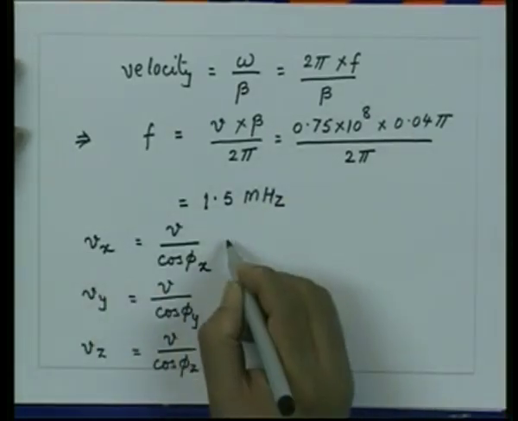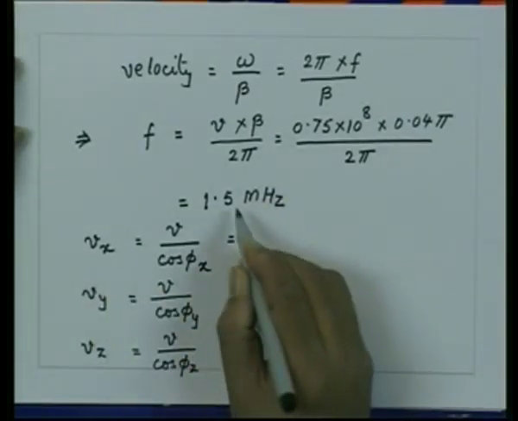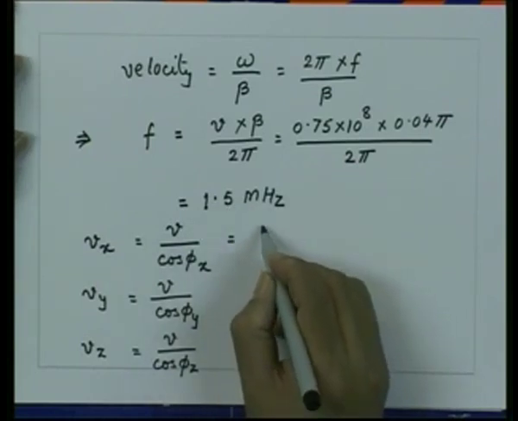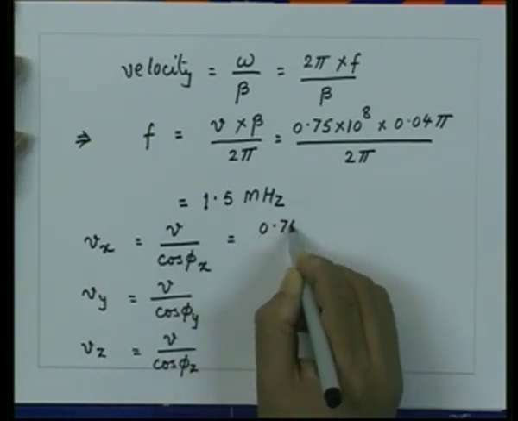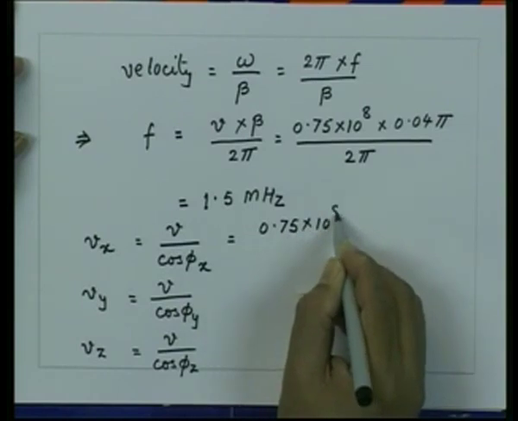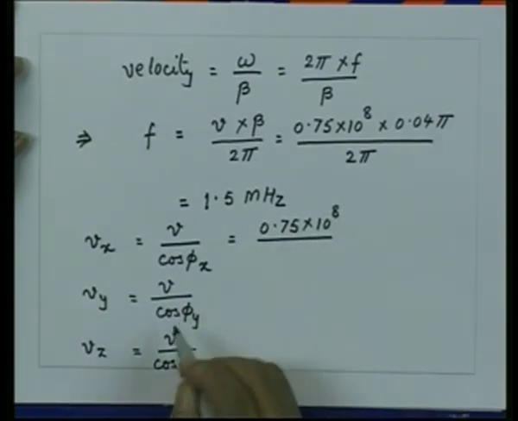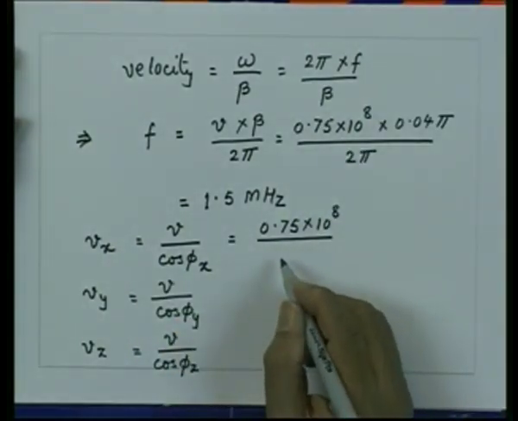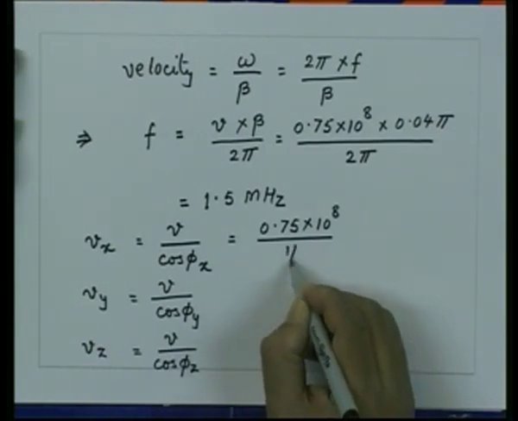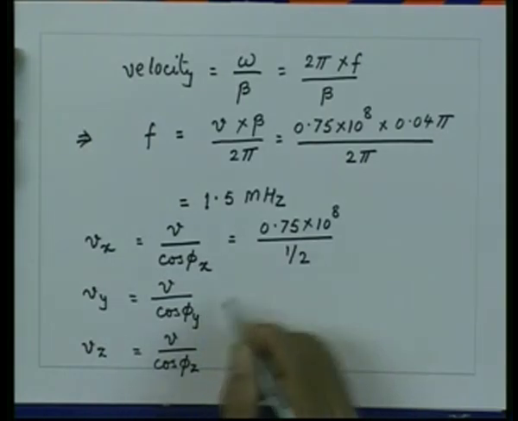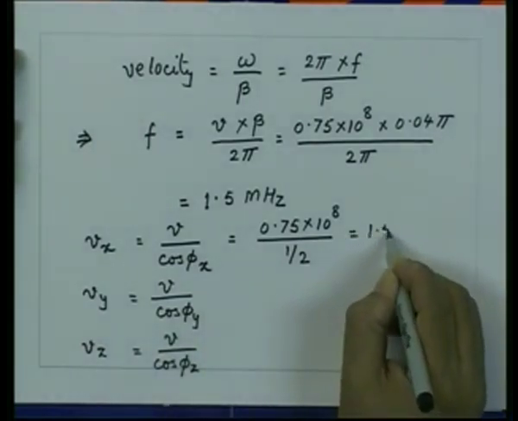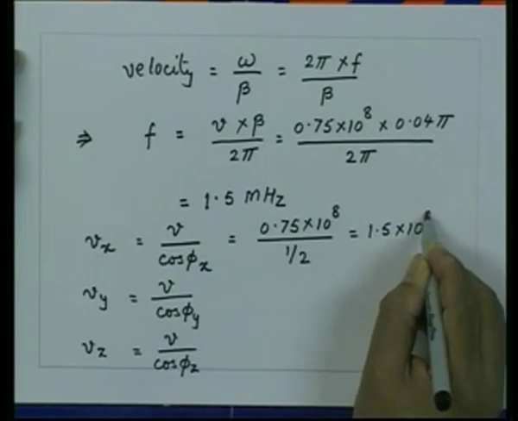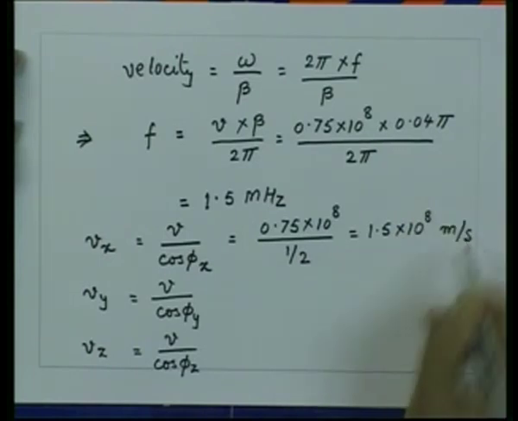So, from here we get the velocity along x direction, that is 0.75 into 10 to the power 8 divided by cos of phi x, which is 1 upon 2. So, that will be equal to 1.5 into 10 to the power 8 meters per second.